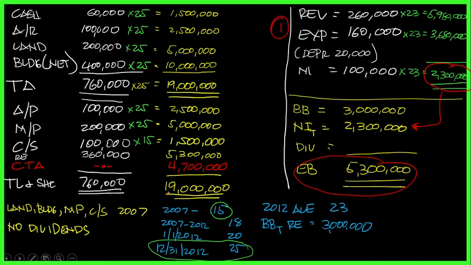Now, what if nandun naman tayo sa hyperinflationary economy? Ang sabi dito, sa hyperinflationary economy, hatiin mo sa monetary at non-monetary. So, assuming this is monetary, yung cash at AR natin, yung land, ito ay non-monetary.